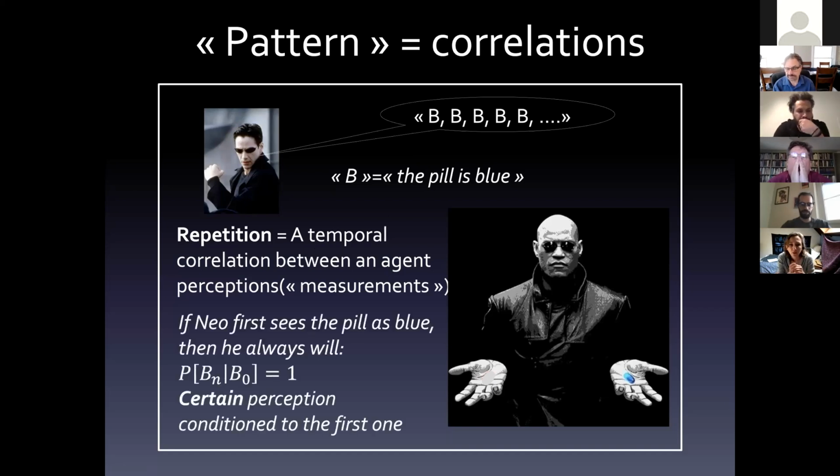And phrased in even more statistical terms, we can say that if Neo first sees that the pill is blue, then he always sees the pill is blue. So we get a certain perception that is conditioned to the first one.